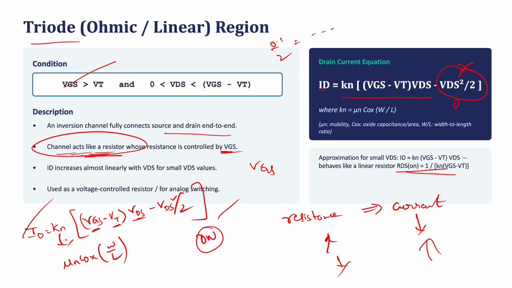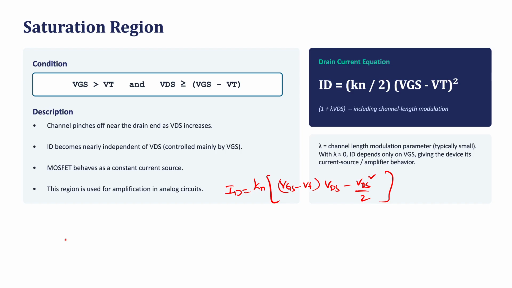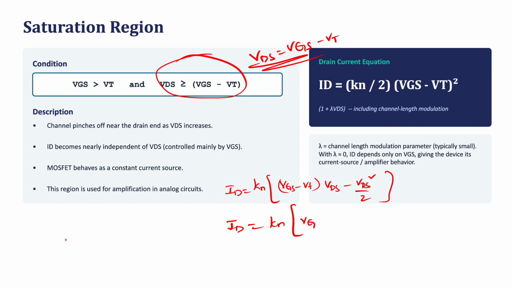Here VDS is greater than or equal to VGS minus VT, and I consider it directly as equal. So I will replace VDS with VGS minus VT.